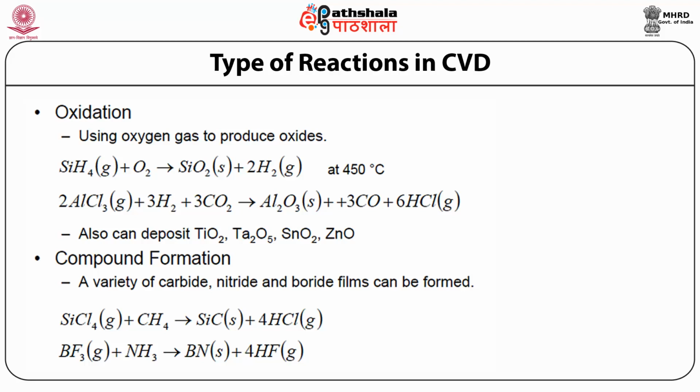So if we would like to deposit some oxides, this is the way, and we can also deposit TiO2, Ta2O5, SnO2, and ZnO. These are interesting materials in nanoscience and technology. And compound formation, like silicon carbide and boron nitride, gives very interesting semiconducting materials.